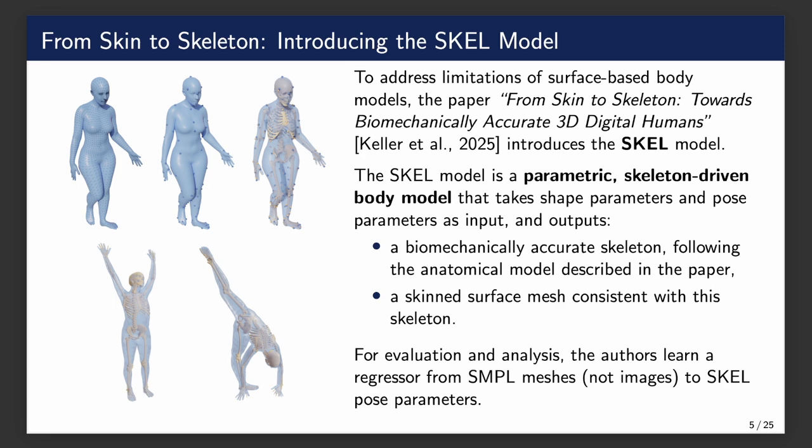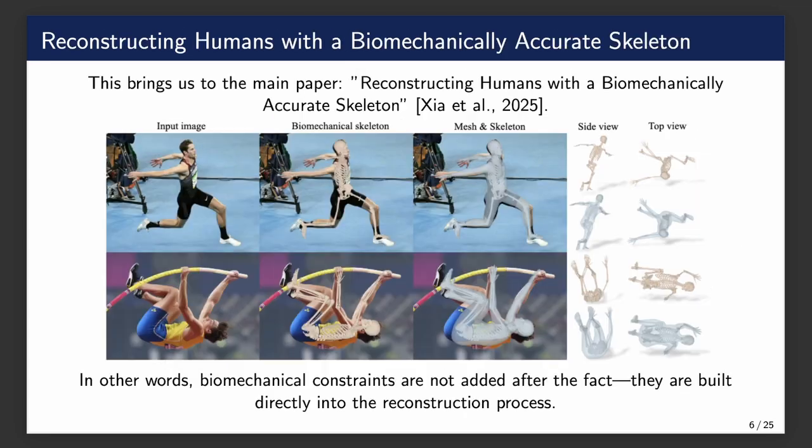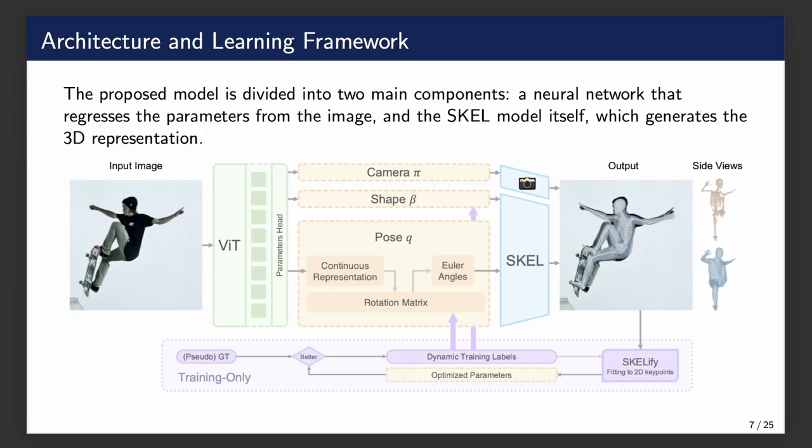This directly brings us to the paper I'm discussing today, which is Reconstructing Humans with a Biomechanically Accurate Skeleton, which aims to bridge this gap. Essentially, it trains a neural network to infer directly the SKEL parameters from images and videos. But how does it do that?